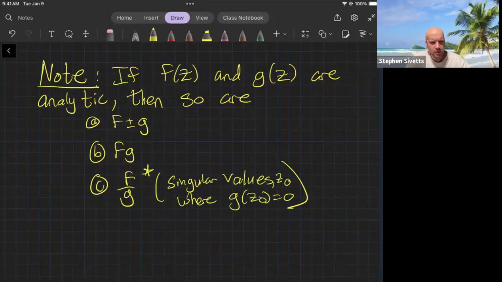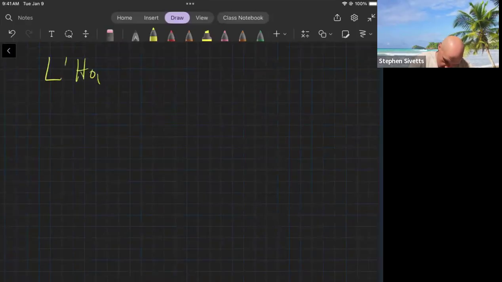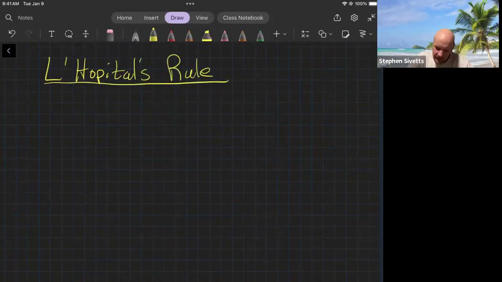Last but not least, what I want to go over that you've seen in Calc 1 is L'Hopital's rule. This reflects how the rates of change of two functions coincide with one another.